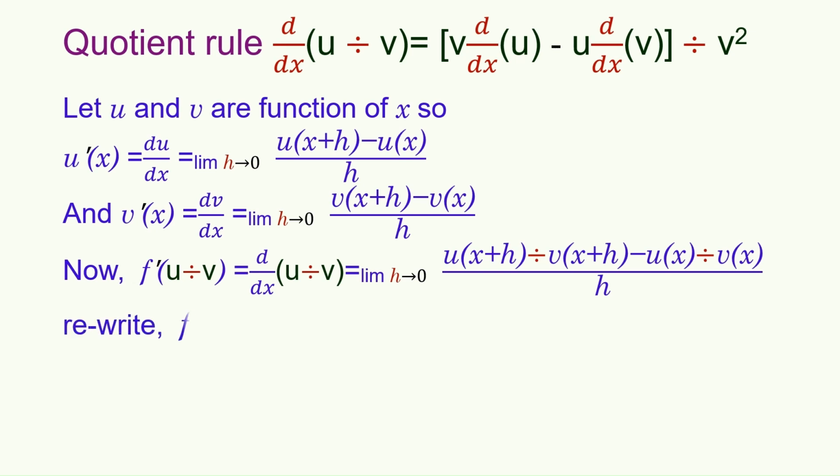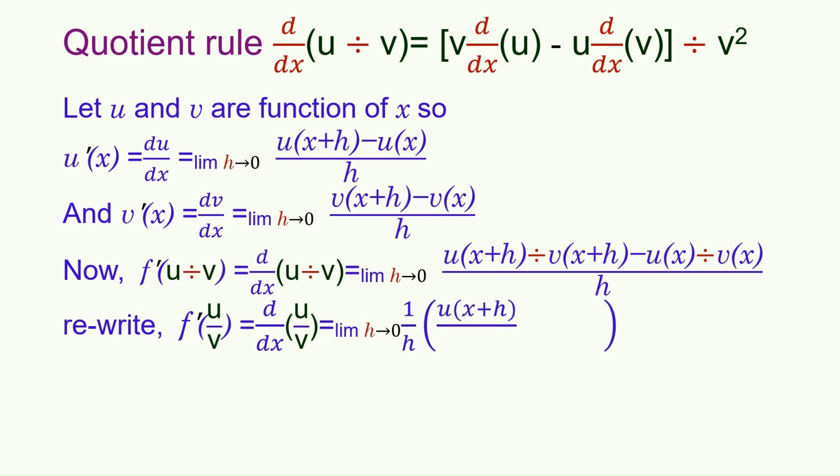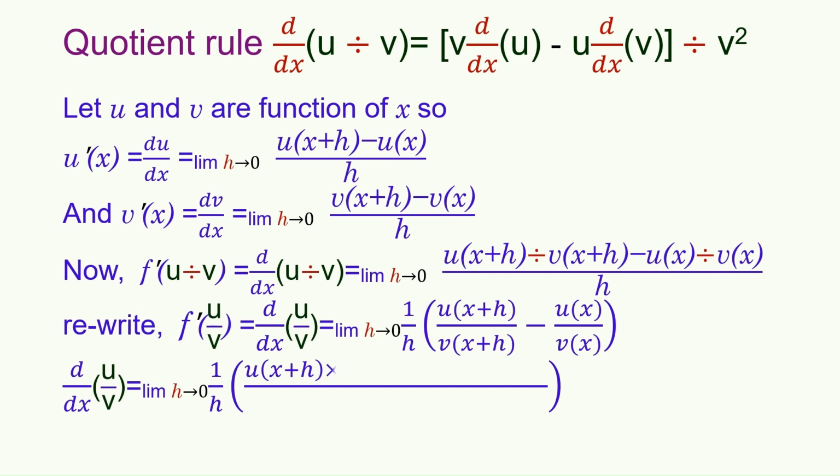Rewrite: equals limit h tends to 0 of 1 divided by h, in bracket, u(x+h) divided by v(x+h) minus u(x) divided by v(x). d/dx of u divided by v equals limit h tends to 0 of 1 divided by h, in bracket, [u(x+h) times v(x) minus u(x) times v(x+h)] divided by v(x+h) times v(x).